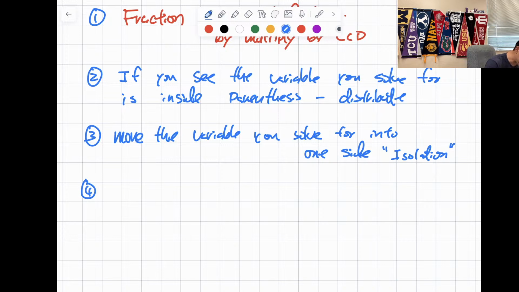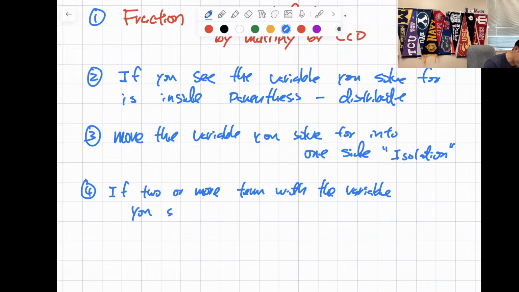Four. If there are two or more terms with the variable you are solving for, factor, on the same side.